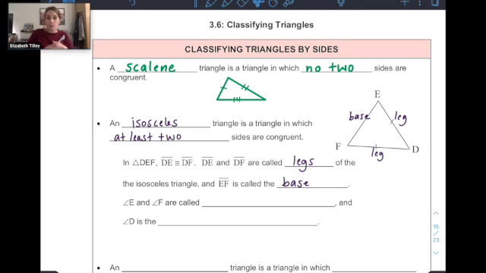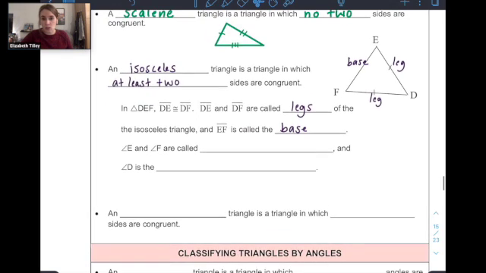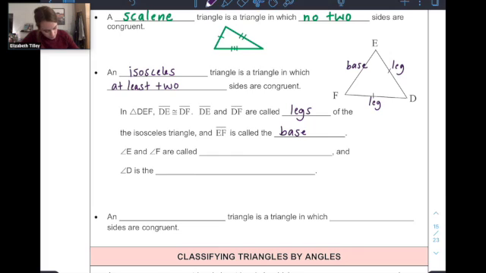Okay, next up, not only in an isosceles triangle do the sides have special names, but so do the angles. So in my triangle here, I'm going to switch to this color. If you go across from these 2 legs, that's going to give us angle E and angle F, here and here. They will end up being congruent, so these arcs work okay.